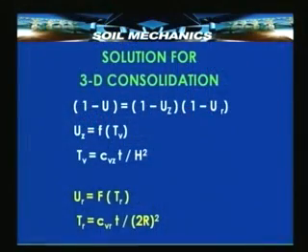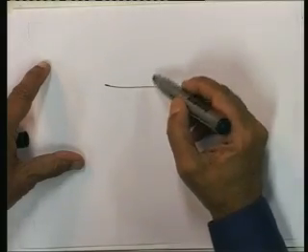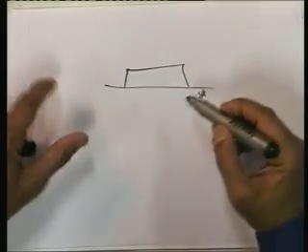What we discussed was that 3-dimensional consolidation basically involves consolidation in the vertical direction. Suppose this is the surface and you find that due to some load consolidation takes place.